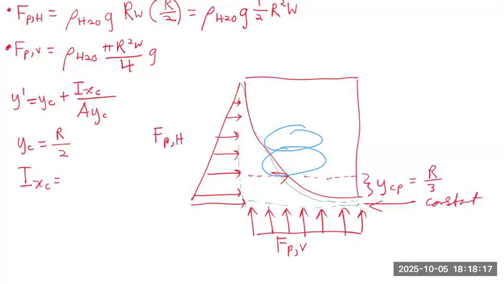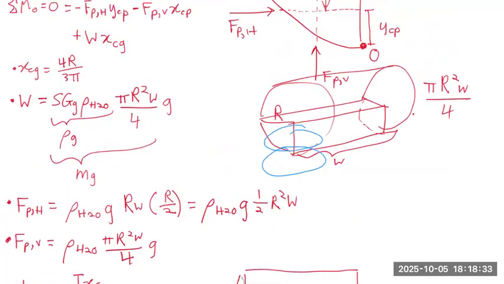So as you saw just now, IXC is equal to 1 over 12 BA cubed. Now, what is our B? B is like the longer side. It's going to be the width.